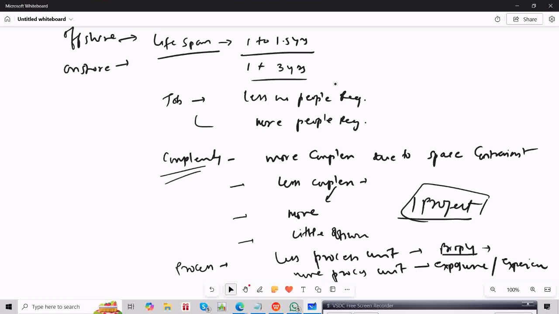Understood? Any doubt till here? No, sir. Understood the process of offshore and onshore. Good.